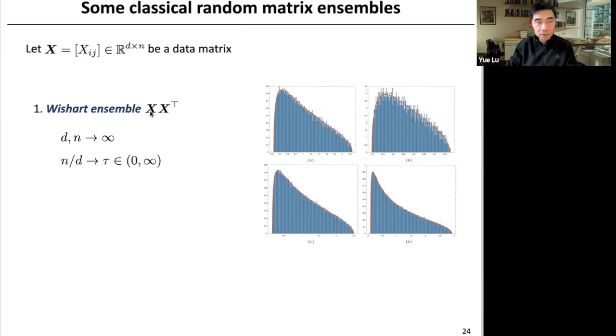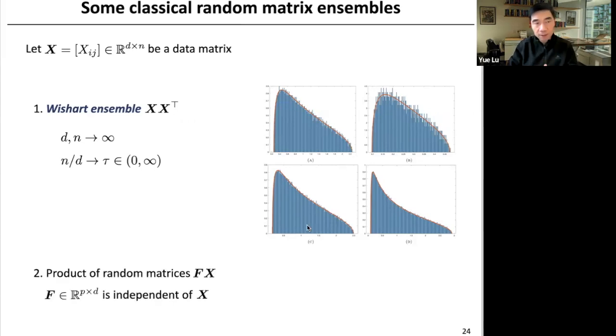If we consider the matrix X times X transpose, the empirical covariance matrix, then it is known that when the dimension D and the number of vectors N both become large in a proportional way, the empirical eigenvalue density of X times X transpose will have well-defined limits. Here, the blue histograms are the empirical histograms of the eigenvalues, and the red lines are the theoretical limit curves, the so-called Marchenko-Pastur distributions.